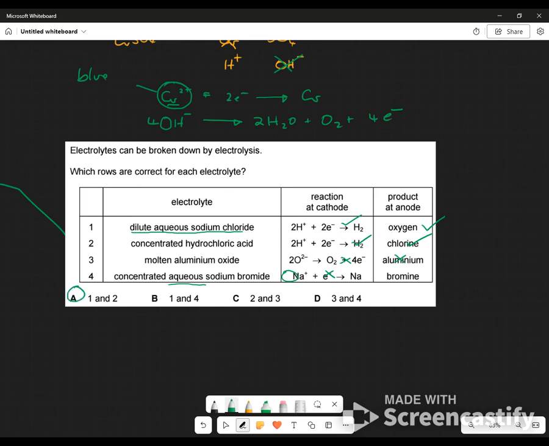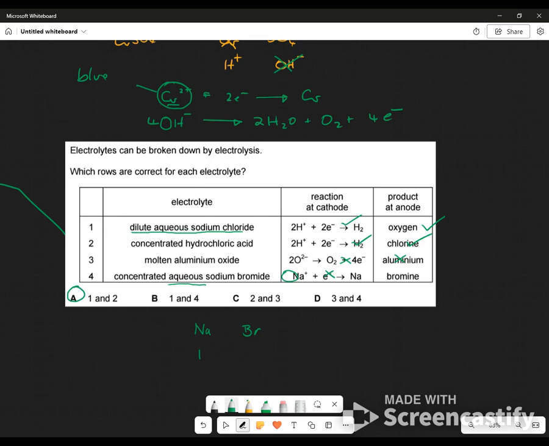So what did we think? We thought B, 1 and 4. No, you'll never get sodium, dear, at the cathode. If you look at concentrated sodium bromide, it's sodium ions and bromide ions and hydrogen ions and OH minus ions.